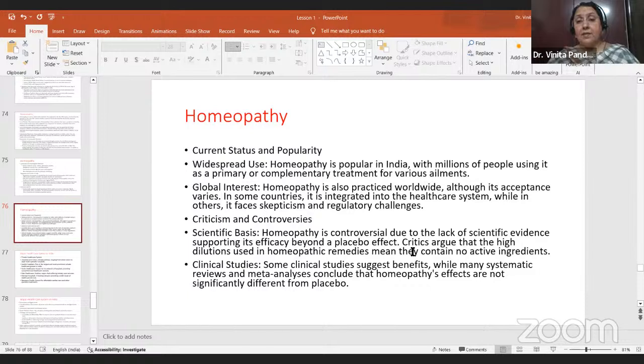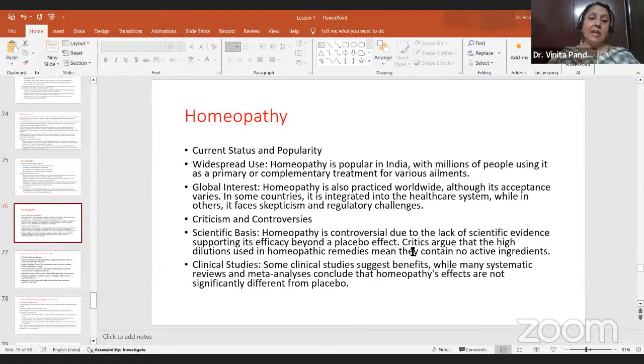Homeopathy is also being practiced worldwide, although its acceptance varies. If you feel that it is placebo, you will not take it up. In some countries, it is integrated into the healthcare system, while in others, it faces skepticism. People are skeptical: it's not a medicine, it's only playing with your mind through the placebo effect.